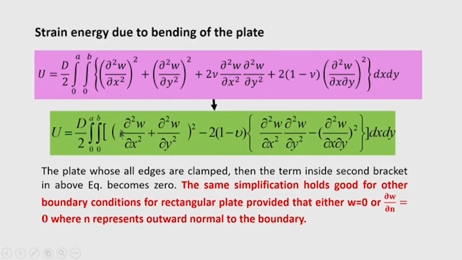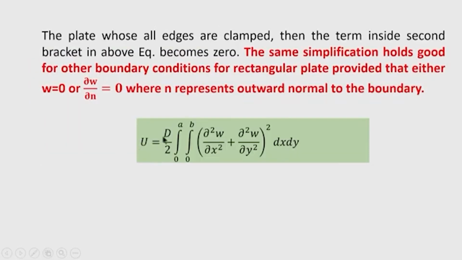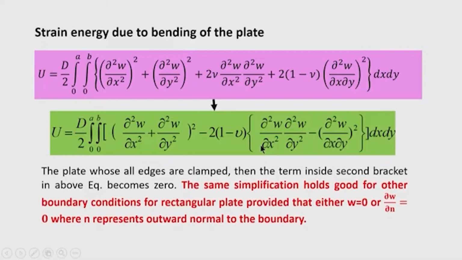If these two quantities are 0, w equal to 0 and del w by del n equal to 0, then the strain energy expression will consist of only this term. So, the strain energy expression in that case is simplified, just like U is equal to D by 2, integral 0 to a, 0 to b, of del square w del x square plus del square w del y square, whole square, dx dy.